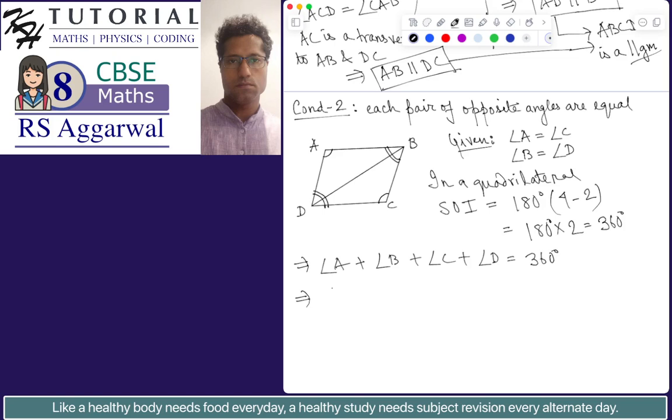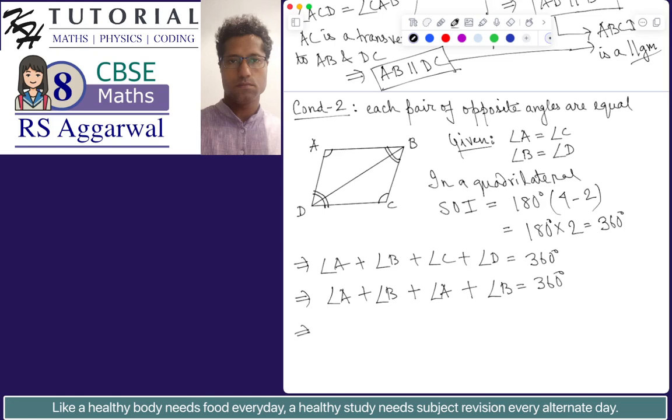Now this implies that angle A plus angle B, since angle A is equal to angle C, I am substituting angle C with angle A, and since angle B is equal to angle D, I am substituting angle D with angle B. So we have this.